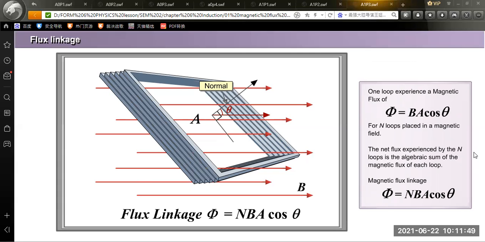For N loops placed in a magnetic field, the net flux experienced by the N loops is the algebraic sum of the magnetic flux of each loop. That means we need to multiply by how many turns or loops. As a result, magnetic flux linkage is equal to NBA cos delta.